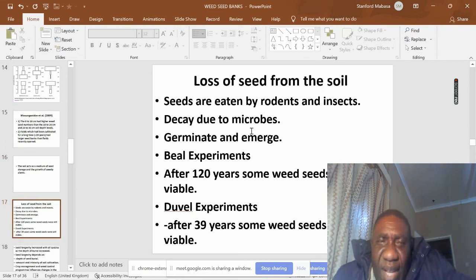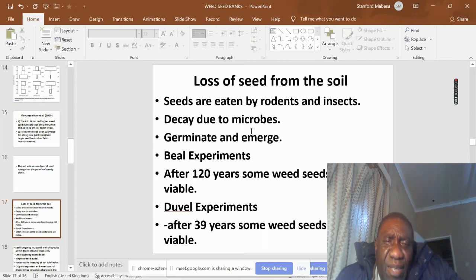Now, what we are going to do is to examine how weed seeds can be lost from the weed seed bank, and this can possibly affect the weed seed bank size.